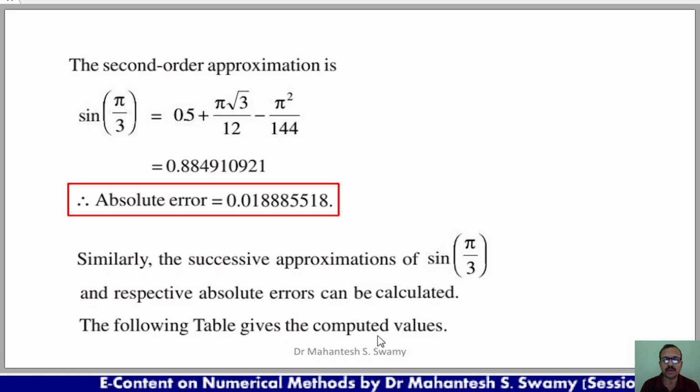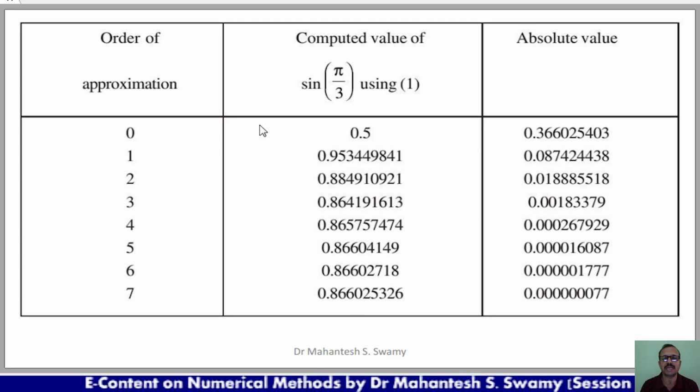If you tabulate those values, you will see a table something like this. Already we have seen at the 0th approximation, this is the value of the function, and the error is this much. For the first approximation, the value of the function is this, the error is this, and similarly you go on doing. At the 7th order approximation, the value is this much, and you see the error is 0.00000077.